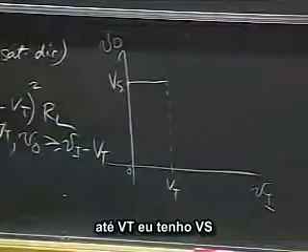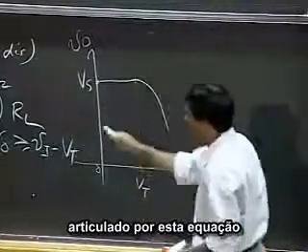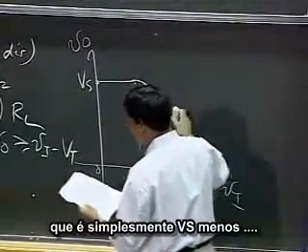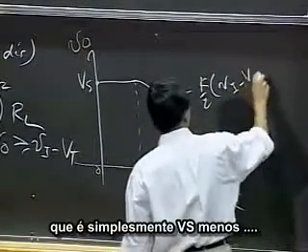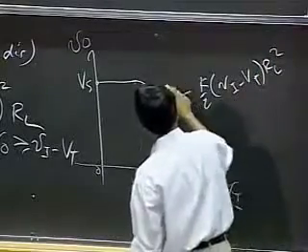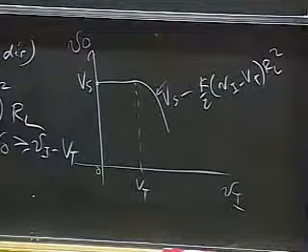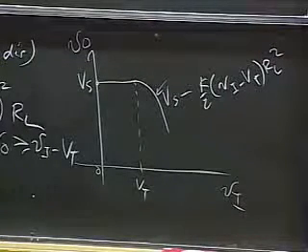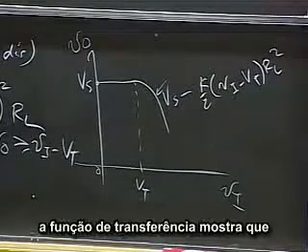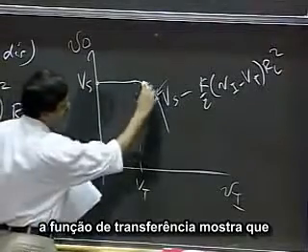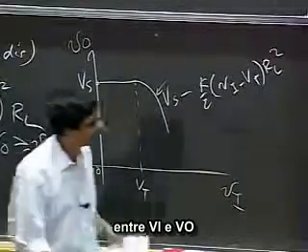So until VT, I have VS, and then following that, I get the square law behavior articulated by this equation, and this was simply VS minus. Okay, so that's the first part. You've seen this before. The transfer function shows that I have a square law dependence between VI and V0.